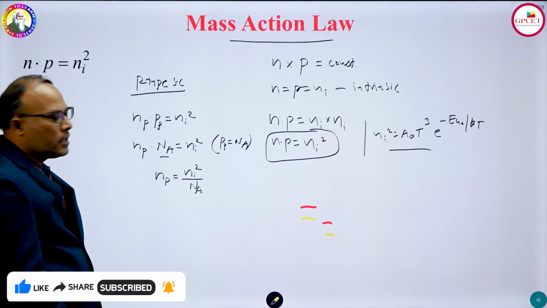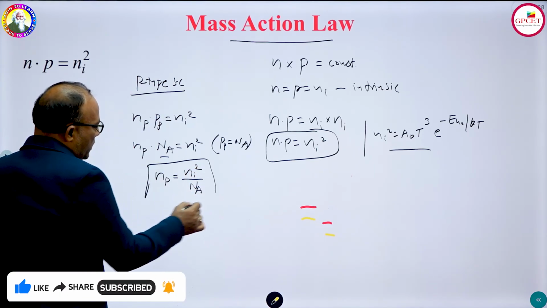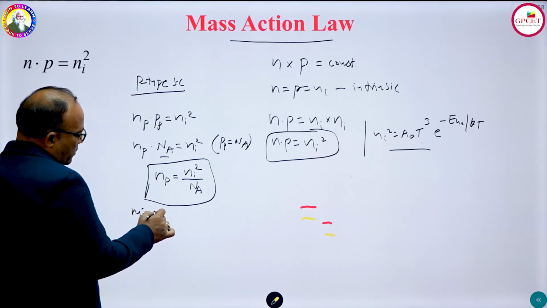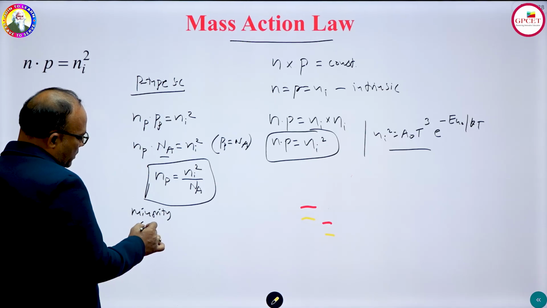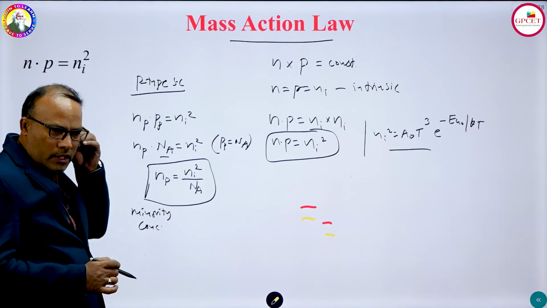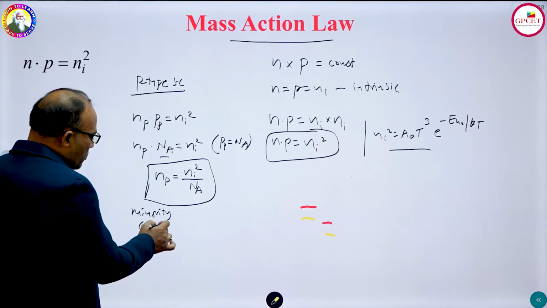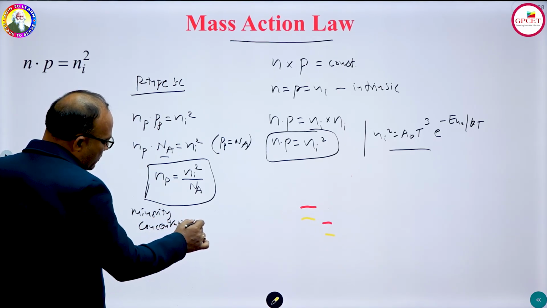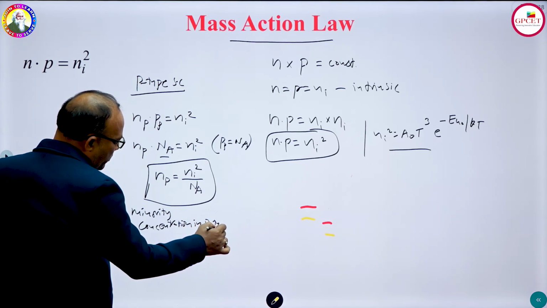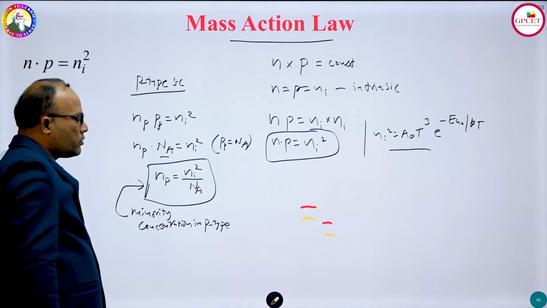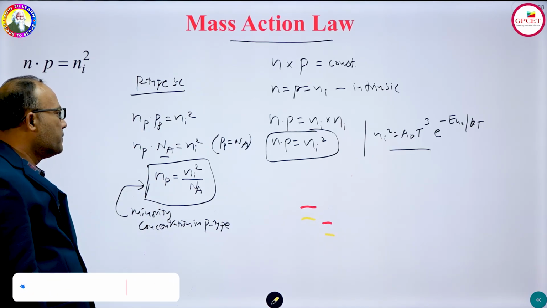This gives the minority carrier concentration in p-type, since electrons are the minority.